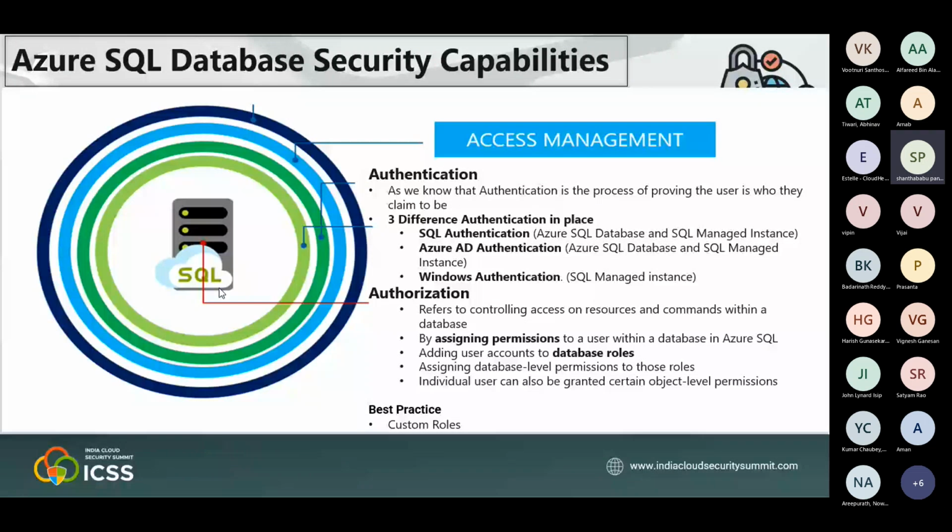When you talk about authentication, there are three different types. For many years we have been familiar with them, though those who are new to the SQL field may not be. The major ones are SQL authentication, Azure AD authentication specific to Azure, and Windows authentication. If you are accessing your Azure database from on premises, that authentication will be connected and taken to your cloud, and you can access the data, right?